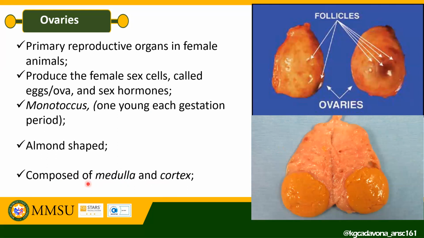So the medulla is composed mainly of blood vessels, nerves, and even connective tissues. The cortex, on the other hand, contains cell and tissue layers associated with ovum and hormone production, which describes the process of oogenesis. Okay?